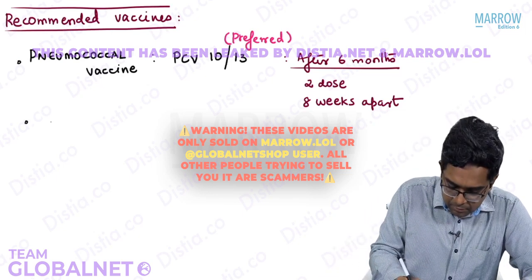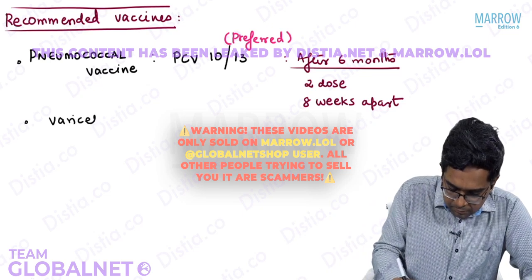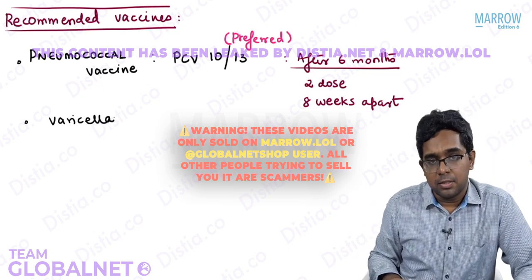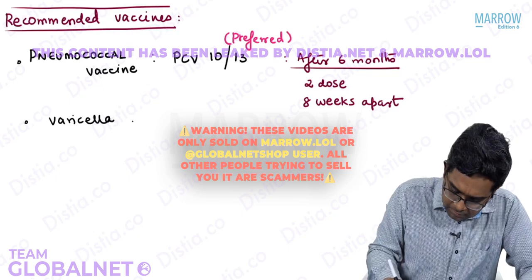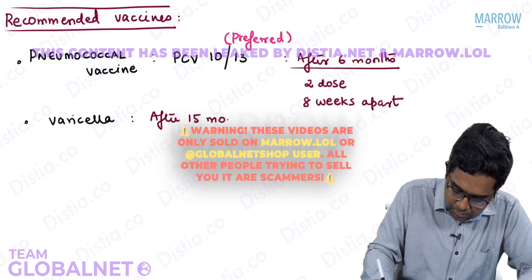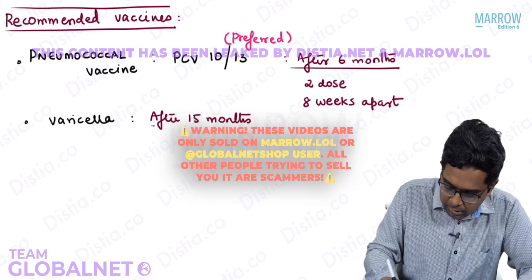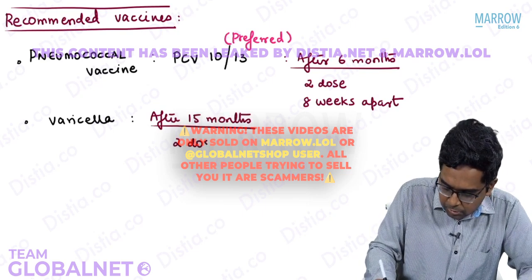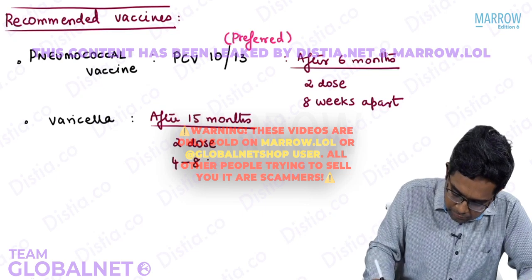Next vaccine is the varicella vaccine, which is a live attenuated vaccine. This vaccine is given starting at 15 months of age, again as a 2-dose schedule, 4 to 8 weeks apart.